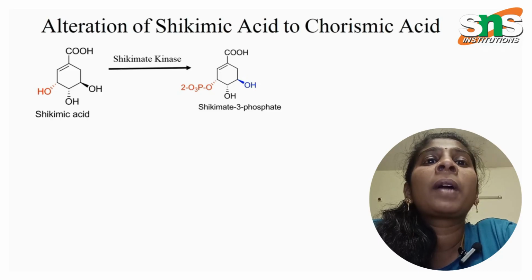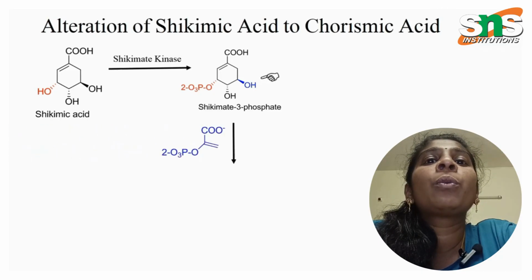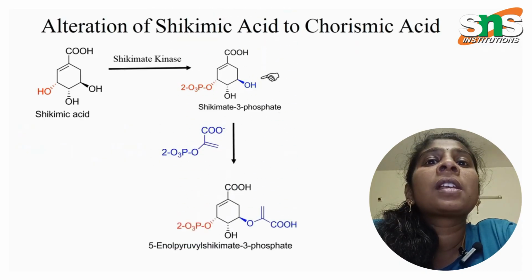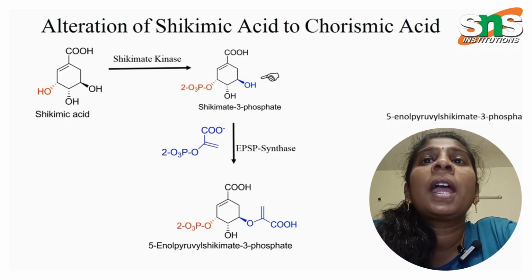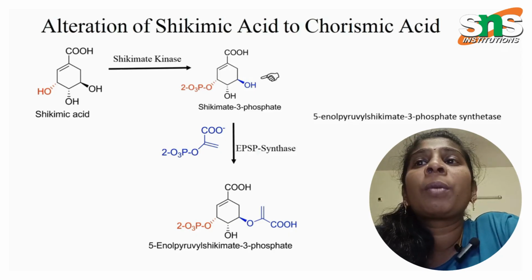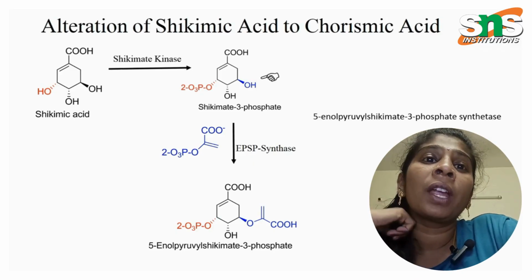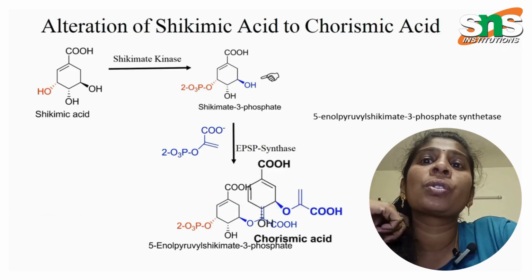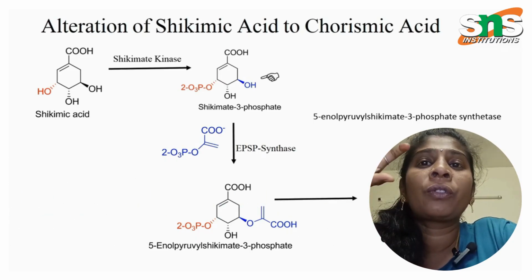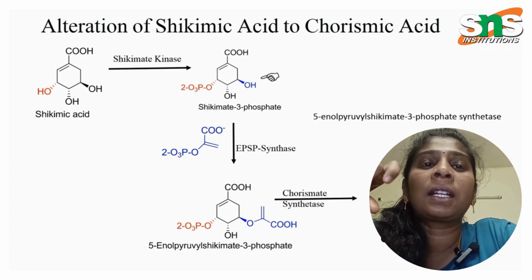Phosphorylation is followed by esterification at fifth carbon to give a compound called 5-enol pyruvyl Shikimate 3-phosphate. This esterification occurs in the presence of enzyme called enol pyruvyl Shikimate 3-phosphate synthase. 5-enol pyruvyl Shikimate 3-phosphate is changed to chorismic acid in the presence of enzyme called chorismate synthase.